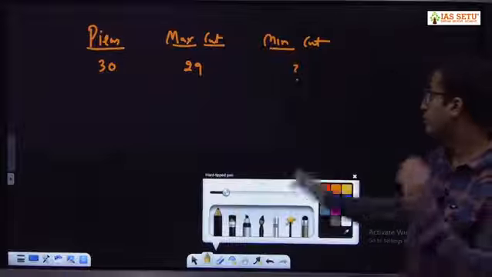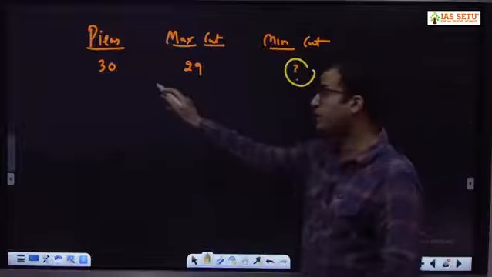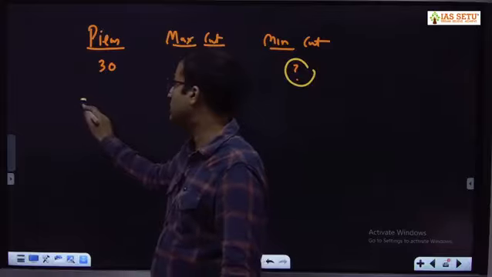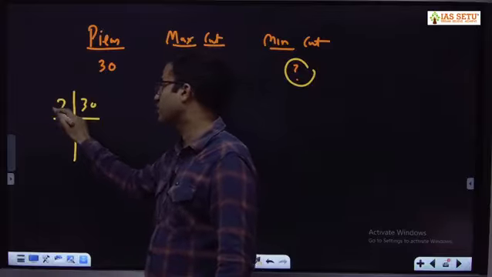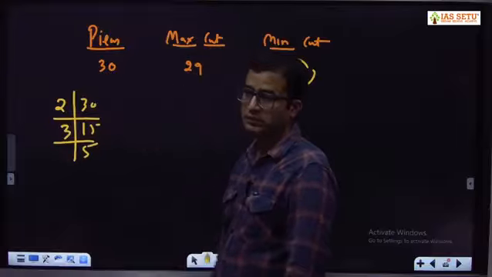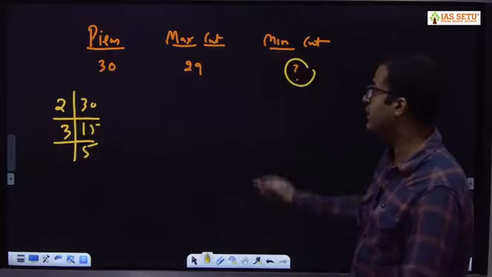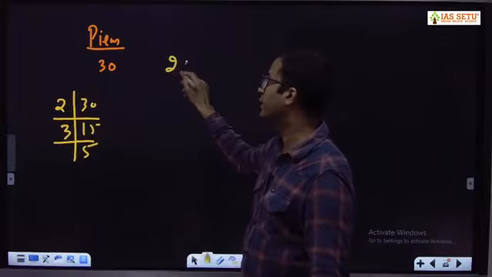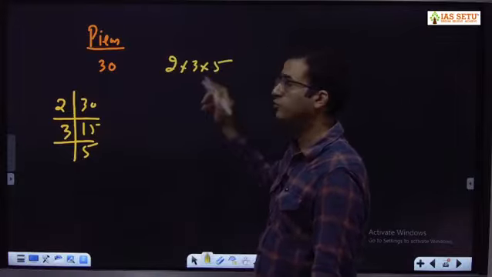I tell you, for minimum cuts, what to do? You have to break 30. To break that, use factorization. Here 2 common 15, 3 common 5. So we will break 30 as 2 into 3 into 5.